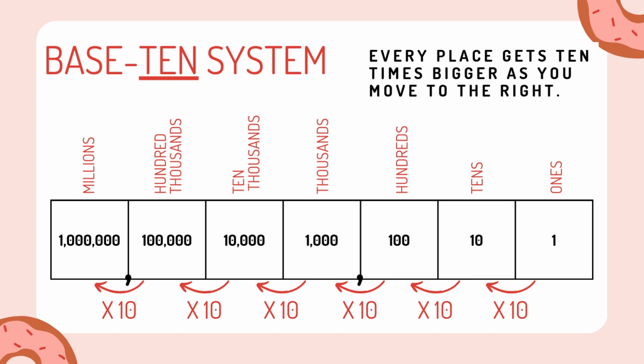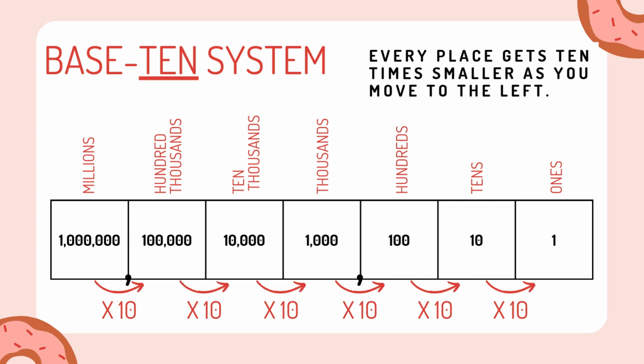The arrow shows how each place becomes 10 times bigger. So to go from 1s to 10s, you times by 10. From 10s to 100, you times by 10. To go from 100 to 1,000, you times by 10. If you want to go from 1 to 1,000, you go 10, 10, 10.